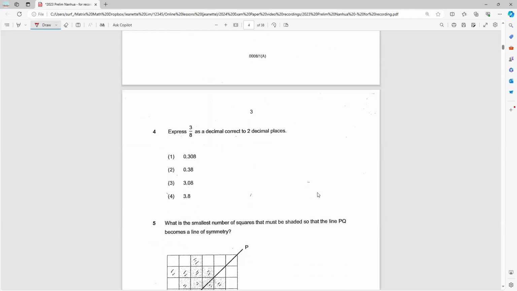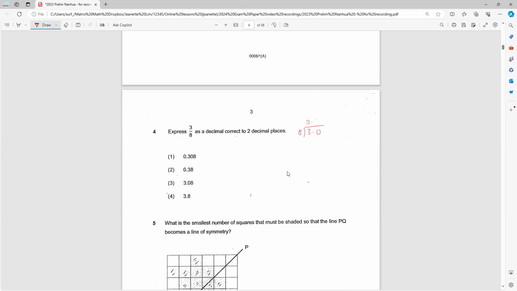Express 3/8 as a decimal, correct to 2 decimal places. For this, we have to do long division. So 3/8 is 3 divided by 8. Start with a 0, because 3 divided by 8, you can't divide. Then introduce 0 here, 30, treat it like 30 divided by 8.